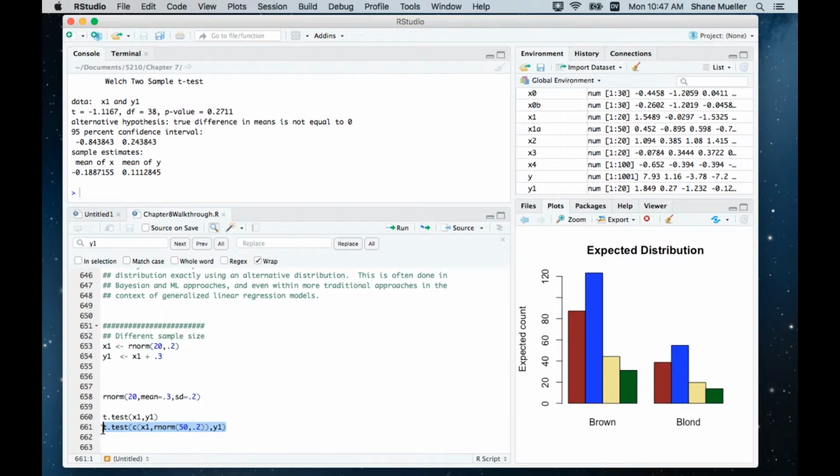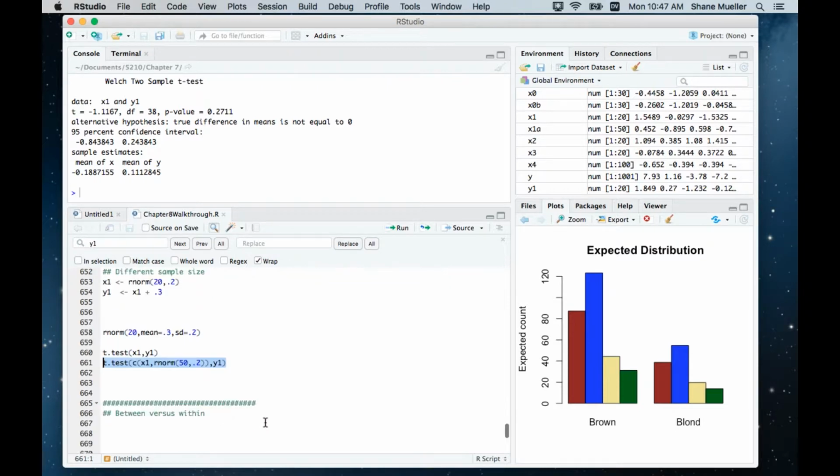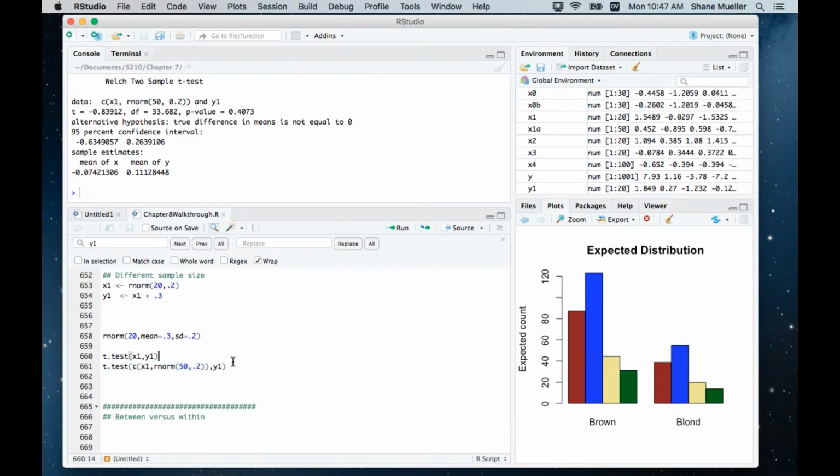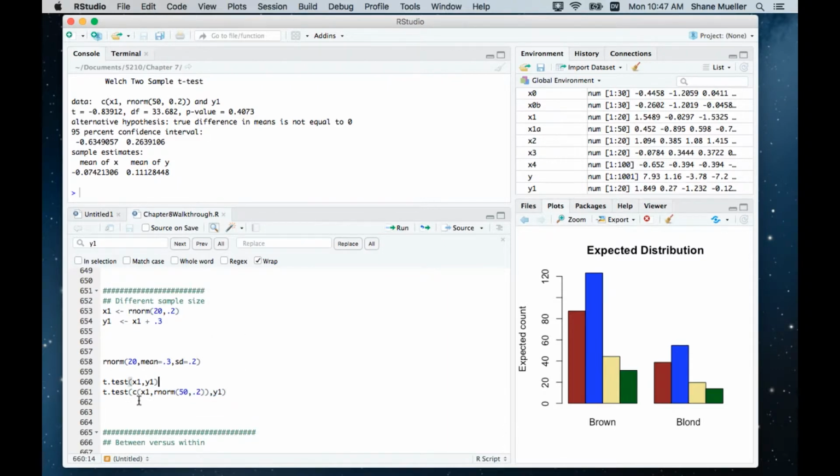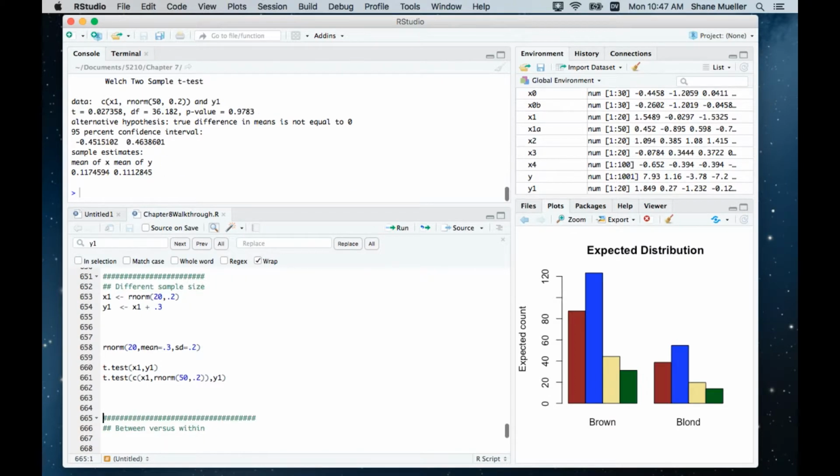So you wouldn't want to throw out trials just to make them even, and the t-test is robust to having differences in sample sizes. And so in this case, let's see.